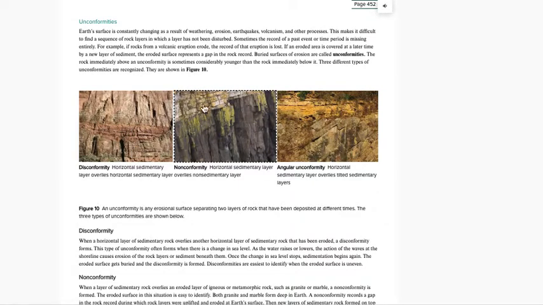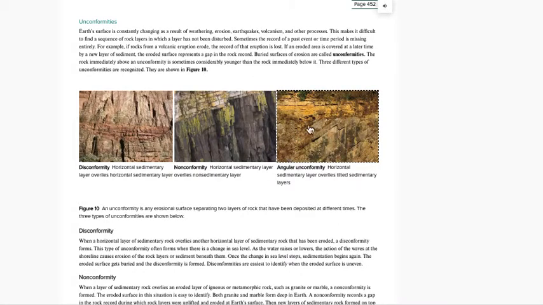A nonconformity is when there's a layer of sedimentary rock on top of a layer of much harder rock like granite or marble. And the last one, and I don't think this is the best picture, you've probably seen this better when you've been out and about in nature, is called angular unconformity.